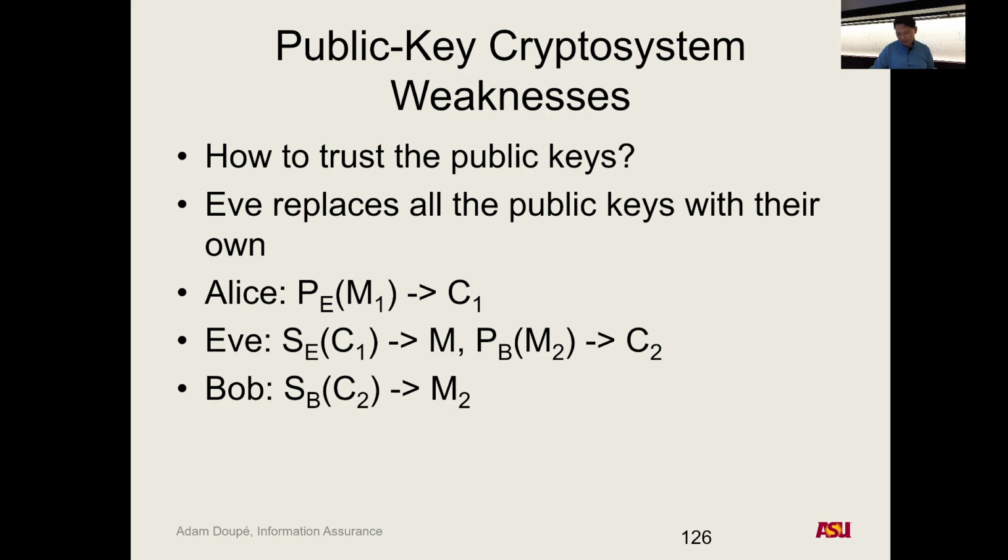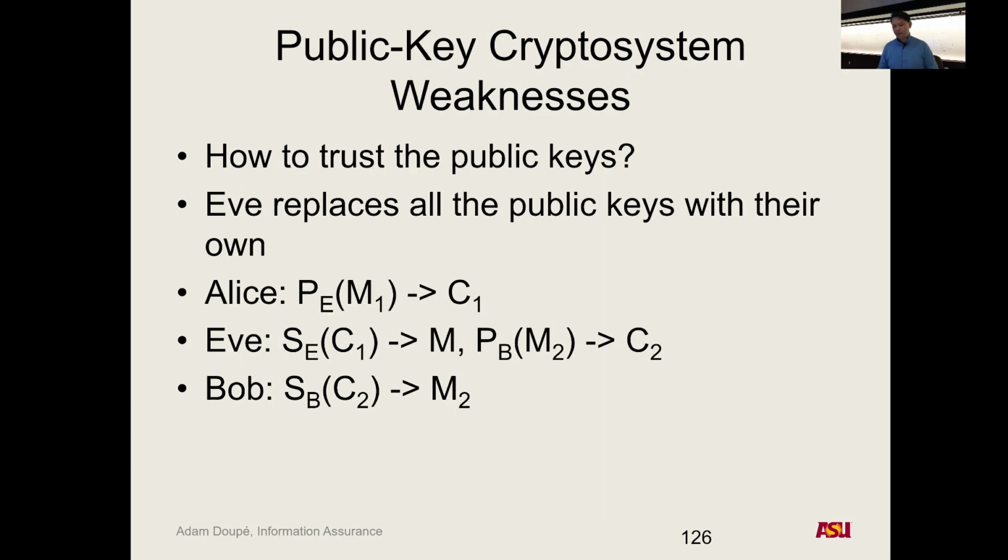In this step, Eve can change M1 into M2, like a manipulation or alteration, and make ciphertext C2 using the public key of Bob. Bob receives this C2, decrypts it with his secret key and gets M2.